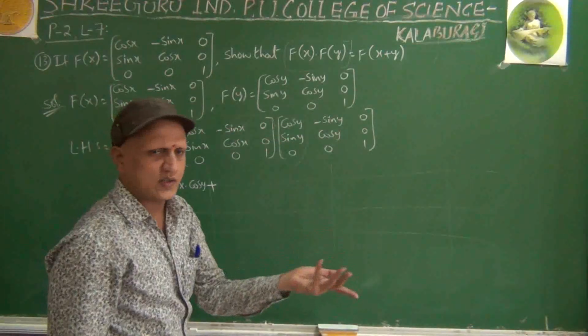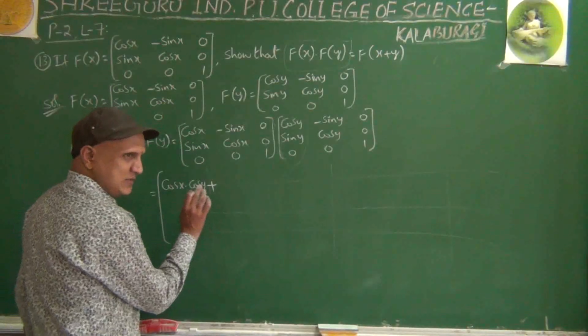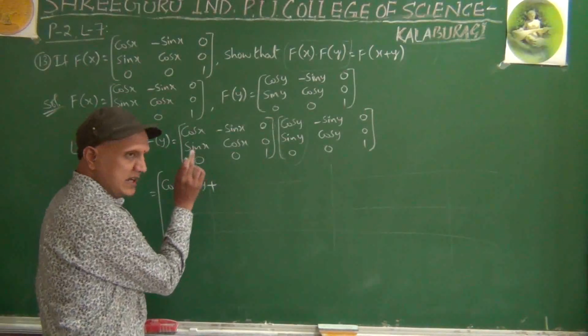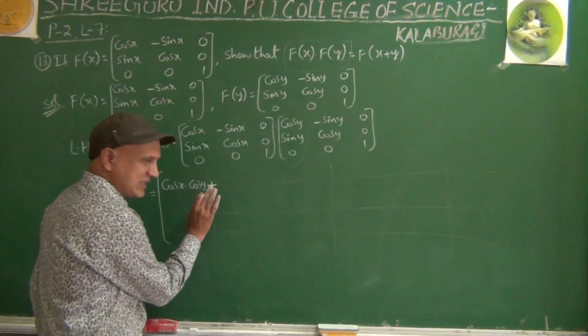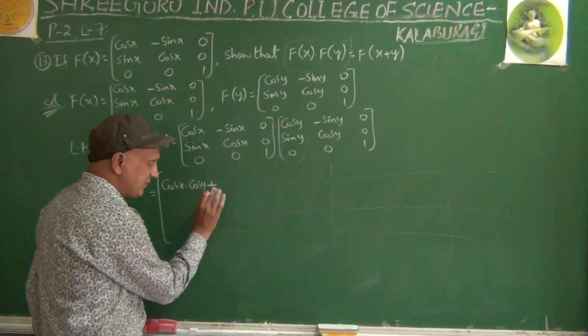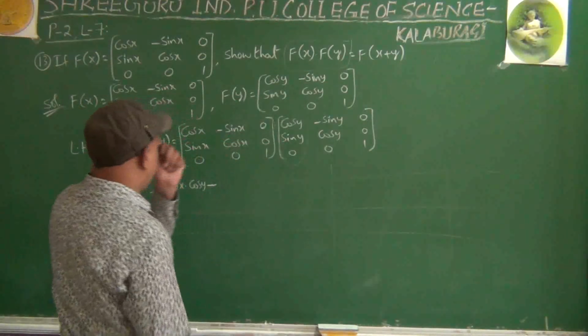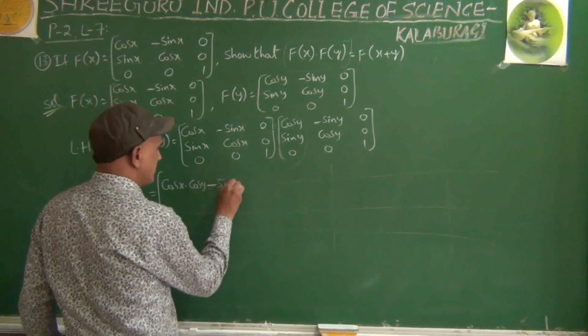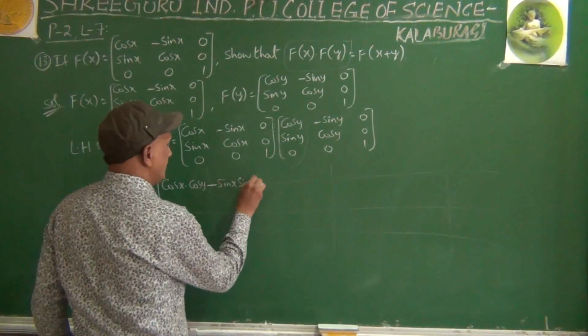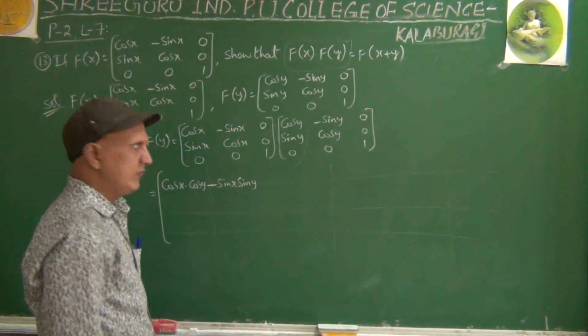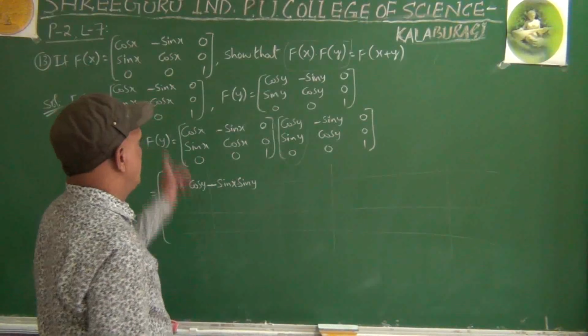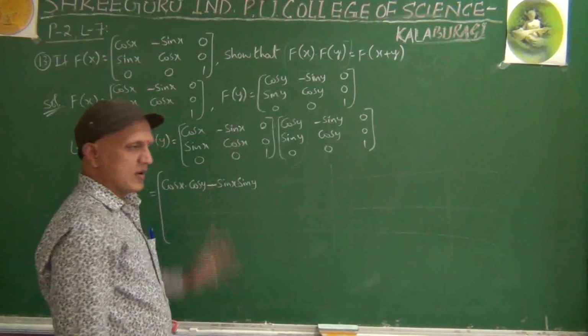That minus this plus becomes minus. Okay, I am writing minus directly. Right. Minus sin x into sin y. First row, first column over.